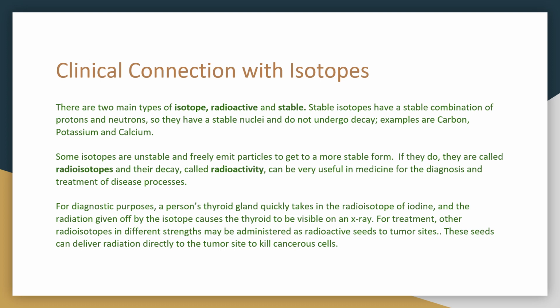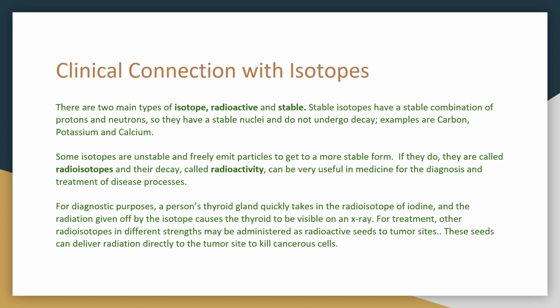For example, for diagnostic purposes, a person's thyroid gland quickly takes up the radioisotope of iodine. The radiation given off by that isotope causes the thyroid to be visible on an X-ray, so they can see if there are any abnormalities.